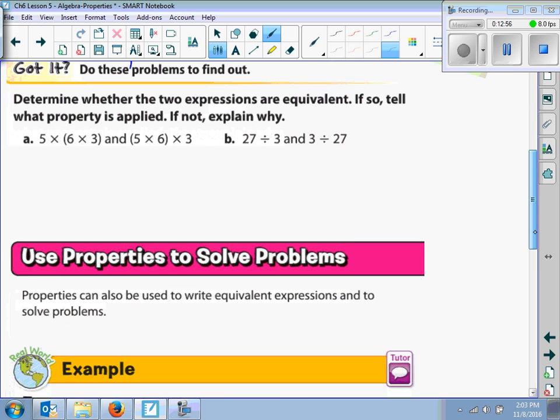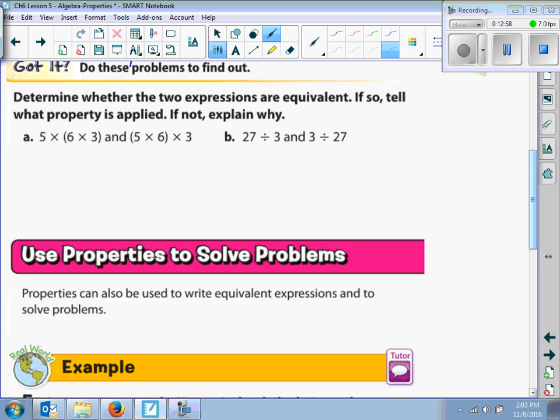For the next example, it says determine whether the two expressions are equivalent. If so, tell what property is applied. So here, we have 5 times the quantity 6 times 3. And we have the quantity of 5 times 6 times 3. So, now we simplify using our order of operations.